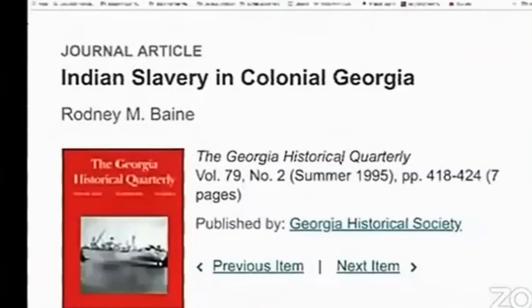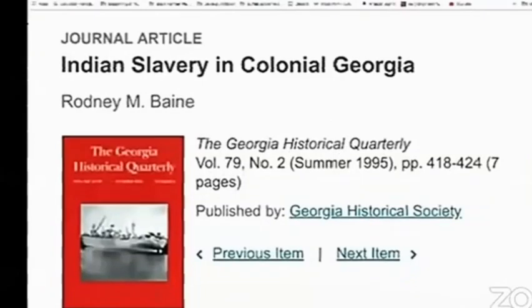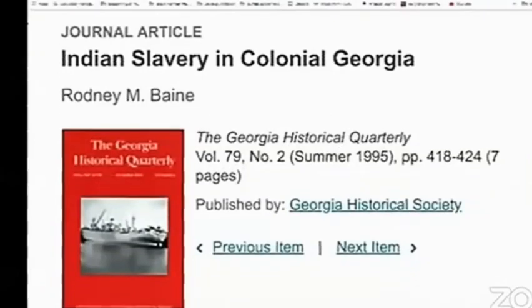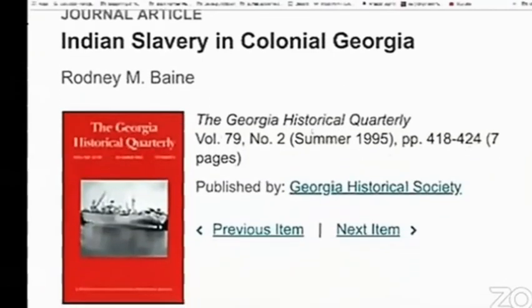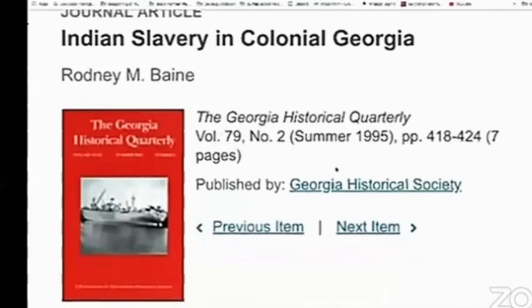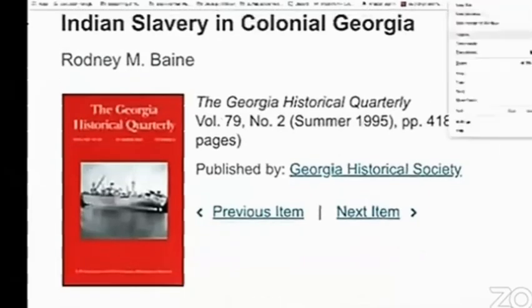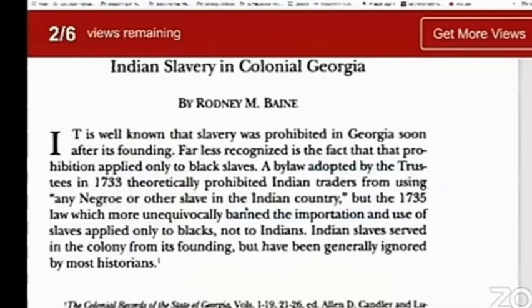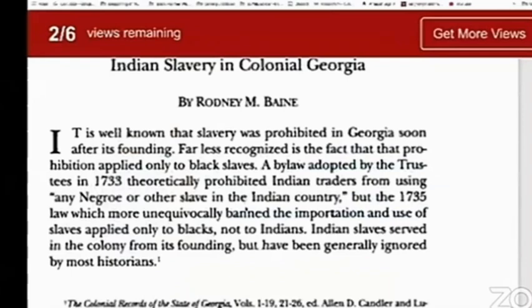All right, we're going to read from this article in this journal. It's called Indian Slavery in Colonial Georgia by Rodney M. Bain. This is from the Georgia Historical Quarterly, Volume 79, Number 2, Summer of 1995, pages 418 to 424. All right. It is well known that slavery was prohibited in Georgia soon after its founding.